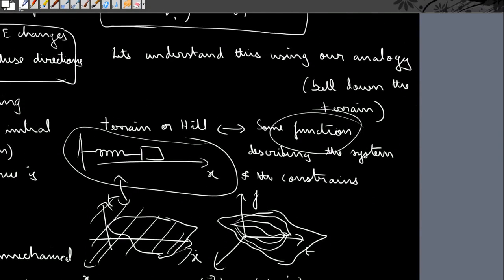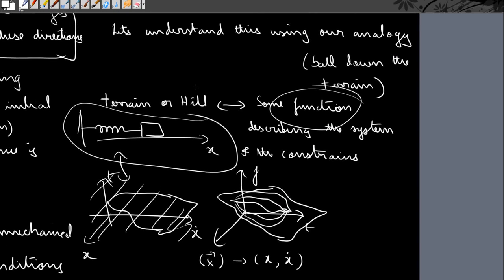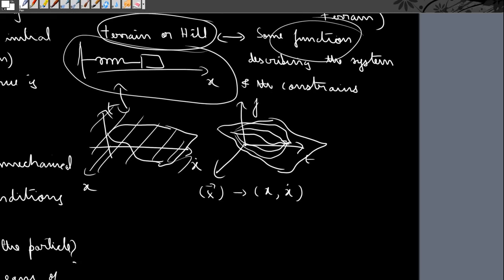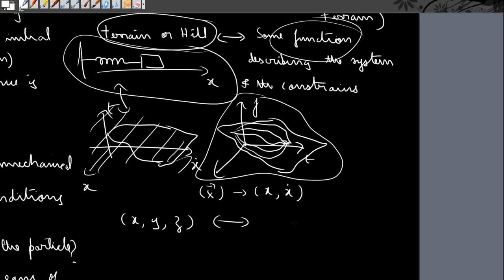Okay. So the first analogy is that our terrain or hill is analogous to some function describing the system and the constraints, which basically corresponds to a surface or a terrain defined in this particular space. So we have gone from our x, y, z space to the generalized coordinate, generalized velocity and time space.